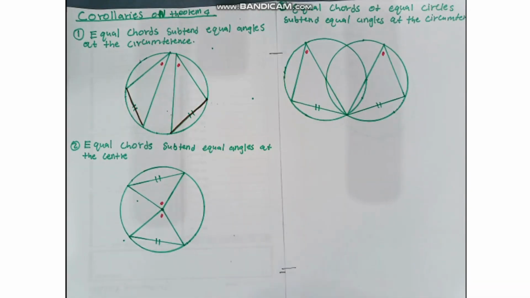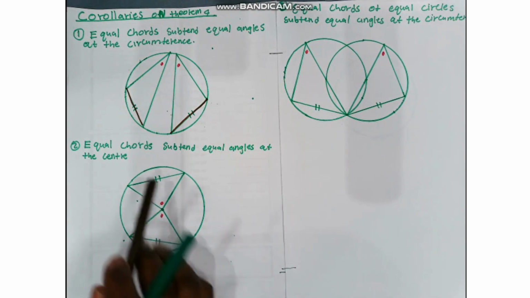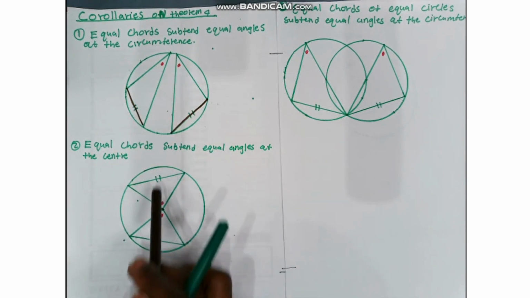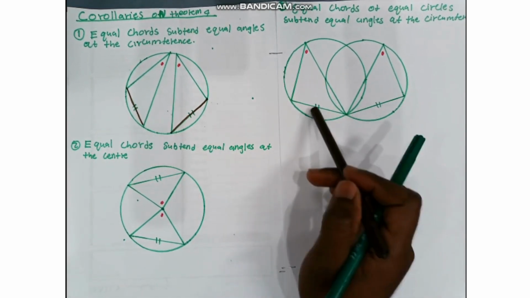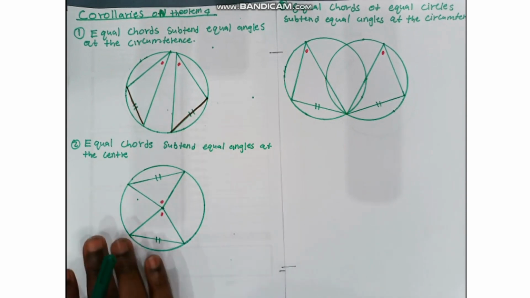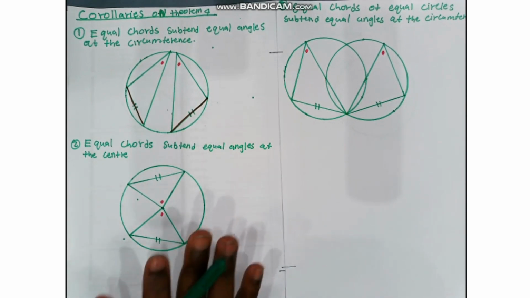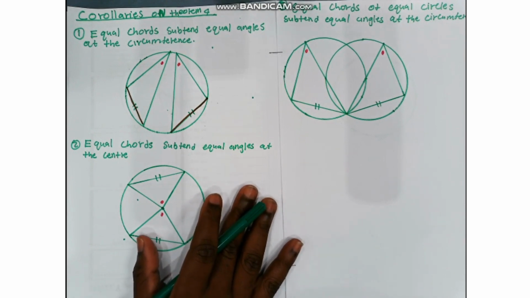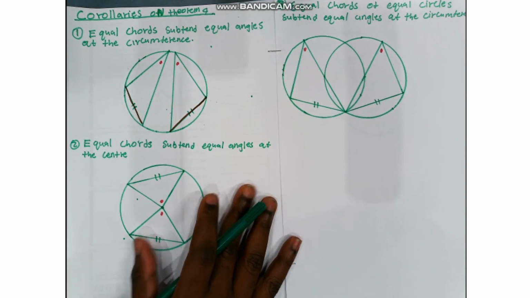Okay guys, now we're going to do the corollary on theorem 4. What does theorem 4 say? When we have these equal chords, you're going to see these types of question. You need to know how to answer this type of question. The first part says equal chords subtend equal angles at the circumference.